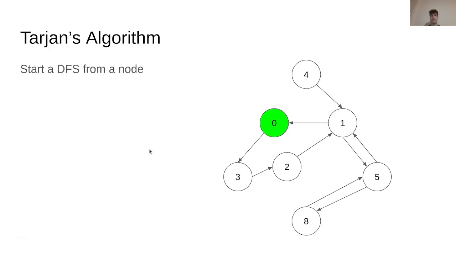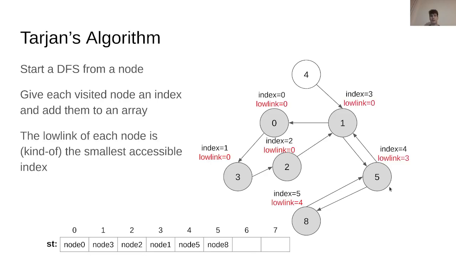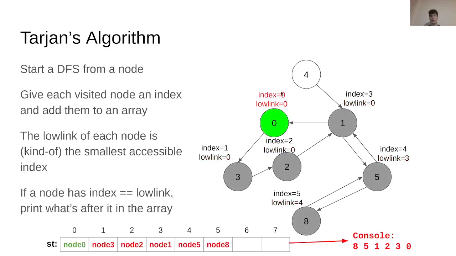The whole idea of Tarjan is start depth first search from a node, visit everything we can and give each node an index, compute the lowlink, which is the smallest index we can get to, and in case the index and lowlink are equal when we stop visiting a node, when we end it, then we print everything that's in the array down to our current node.